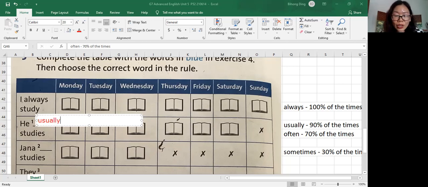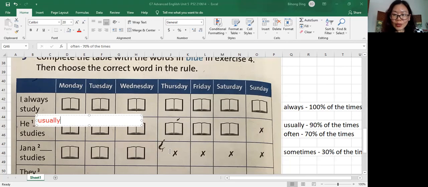And I want to tell you, usually is more like a habit. I can say, usually I get up at 5:50, or around 6 a.m. This is my habit. So I will say I usually get up at what time?